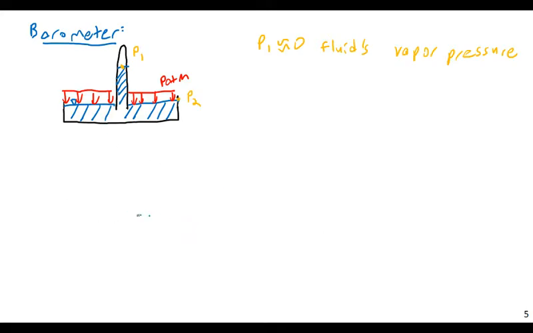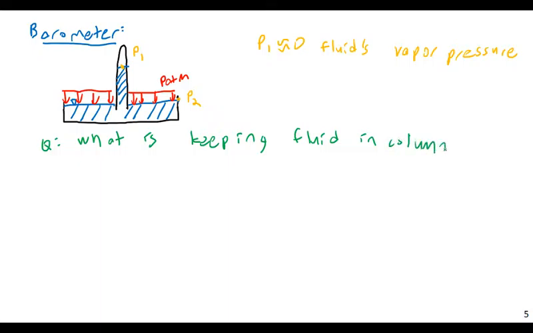Okay, so again, the question is, what is keeping the fluid in the column? And the answer, again, is atmospheric pressure.